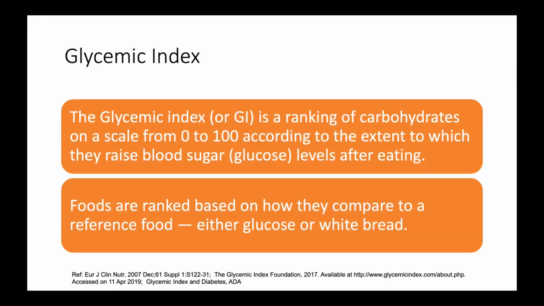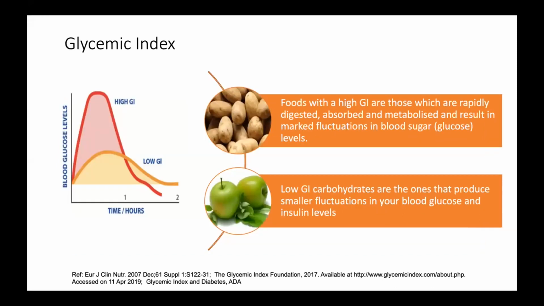So what is glycemic index? Glycemic index is the ranking of carbohydrates on a scale from 0 to 100, with 100 being very high glycemic, similar to glucose, and we group them as high glycemic index food or low glycemic index food.